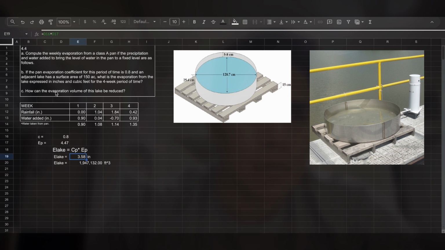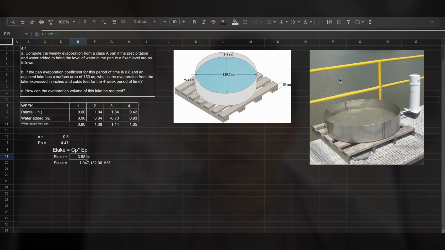And then, how can the evaporation volume of this lake be reduced? Well, one of the big reasons water is being evaporated is because all this water is exposed to the atmosphere.